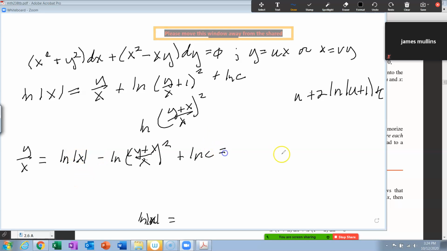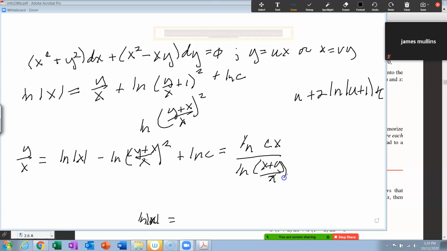So that can be written as the log of cx over, and subtract as division, the log of this thing, which is x plus y, I'm writing it this way now, over x squared.